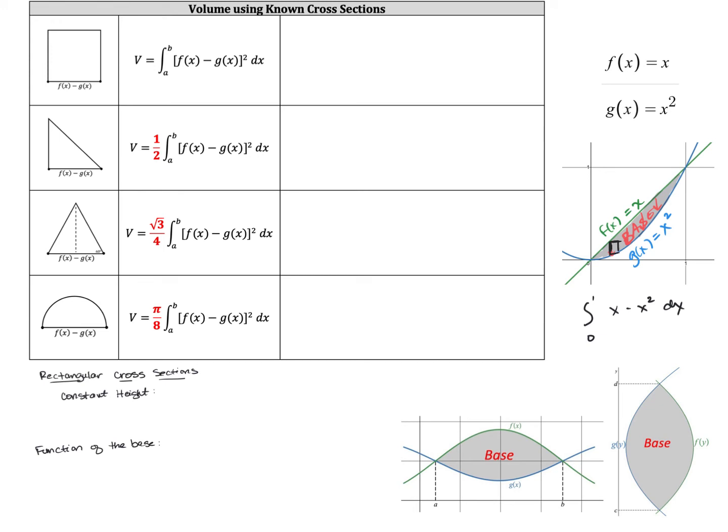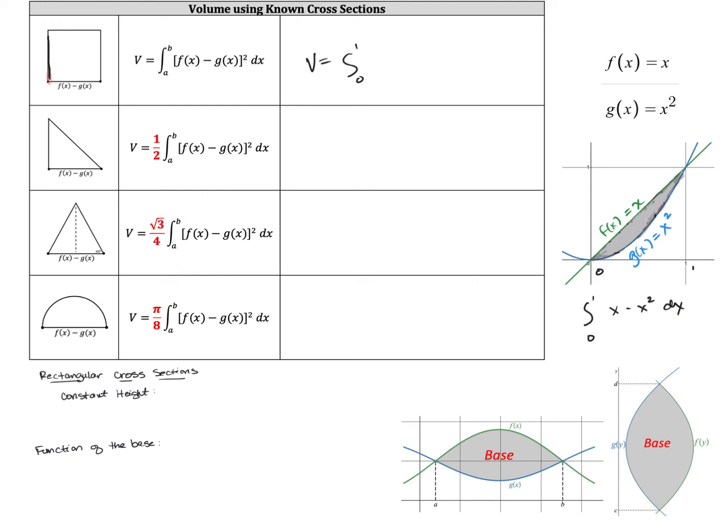And so we're still going from 0 to 1 like we did before. To get the volume, we're still going from 0 to 1 because the cross sections are still going to go down and cut all the way from 0 to 1. We still are going to go f of x minus g of x because now this gives us the height. And for a square, if you see, the base and the height are the same.